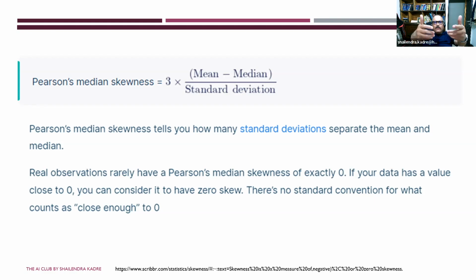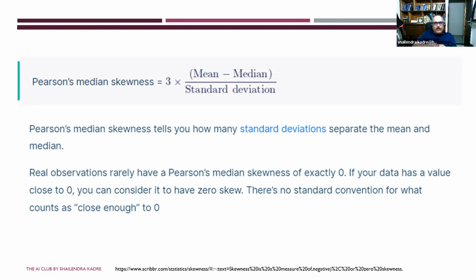It will be 0 only when mean is equal to median. For it to be 0, the numerator should be 0. Numerator will be 0 only when mean is equal to median. So you need not even apply this formula. If your mean, mode and median are equal, you can simply say that I don't have any skewness.